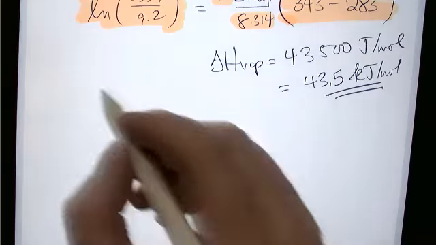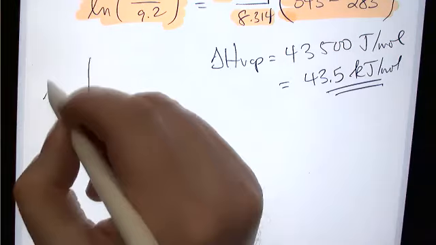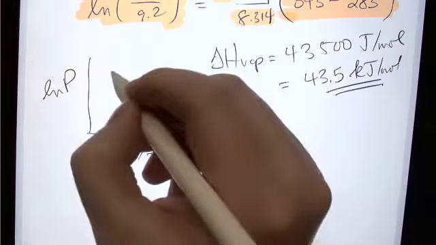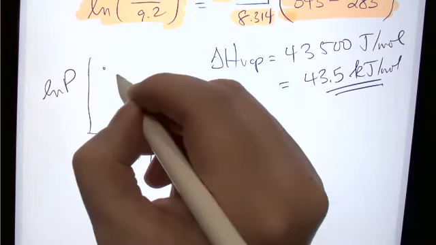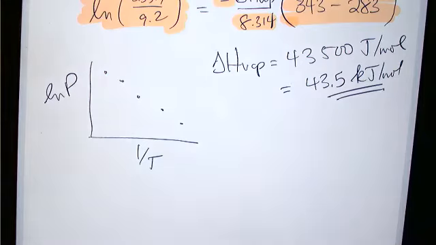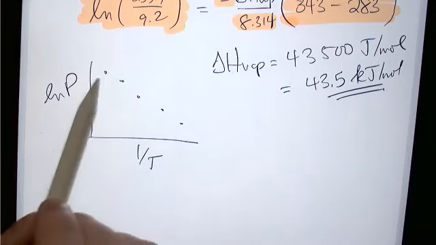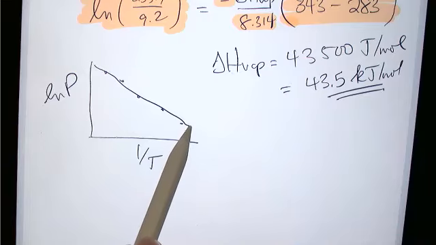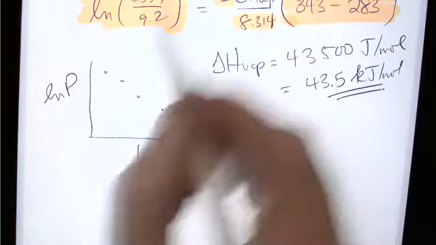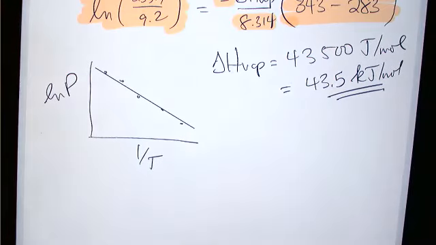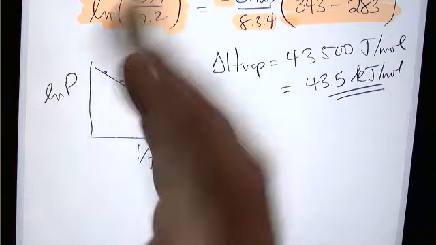Okay. If you imagine that graph that we had of natural log vapor pressure and 1/T, imagine the points were not perfectly linear. Suppose they were linear, but there was a little bit of error in them. The first method, where we graphed it, we ended up finding the slope of a line. That was the best way to do it because the line uses all the points.